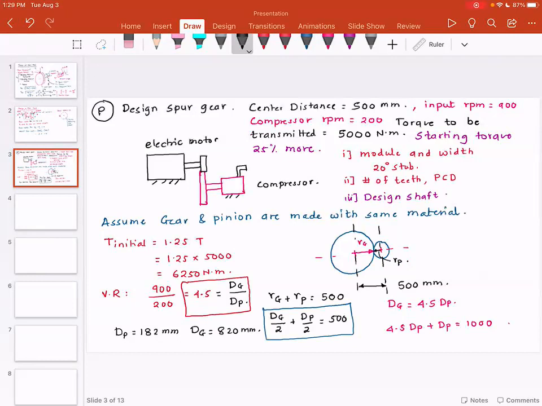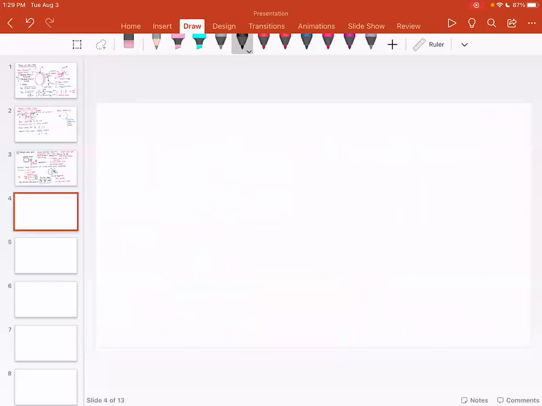Now with this, we should be able to estimate the velocity factor. We should be able to move on with Lewis's form factor, and then find out the module and the width. So in the second step, I'm going to find out the pitch line velocity, which is given by pi d n by 60.